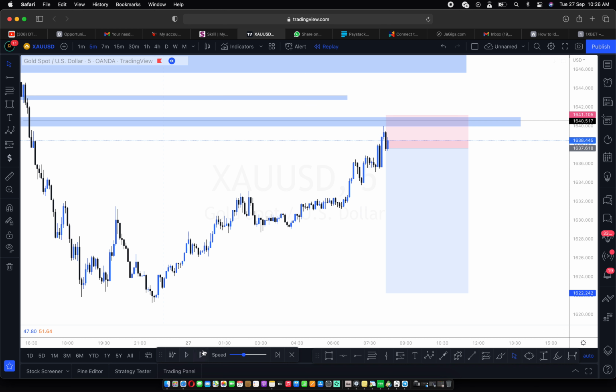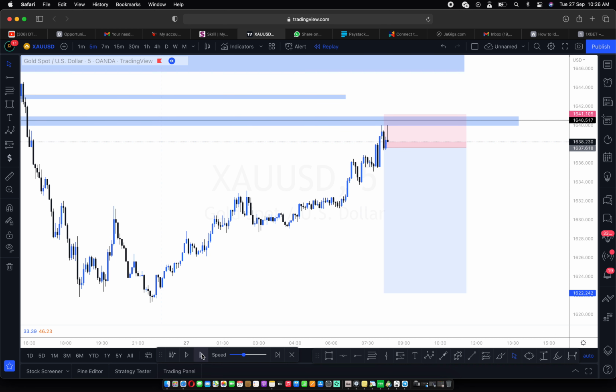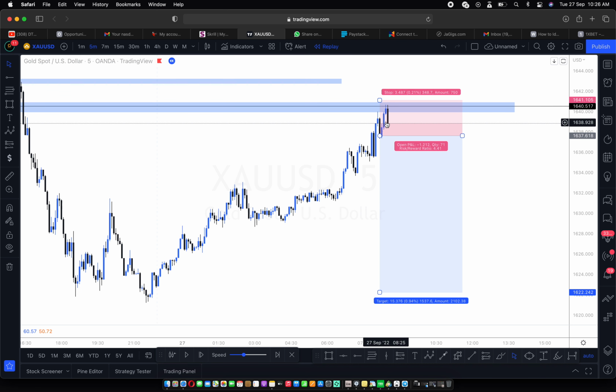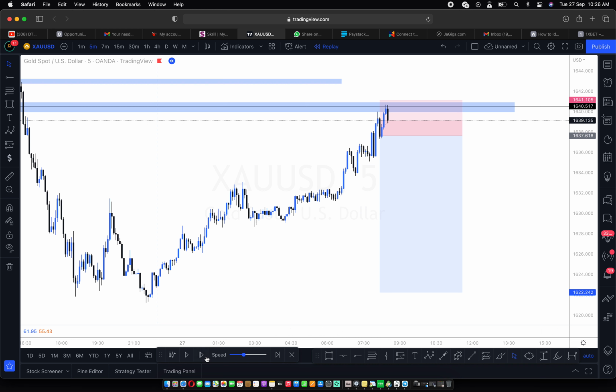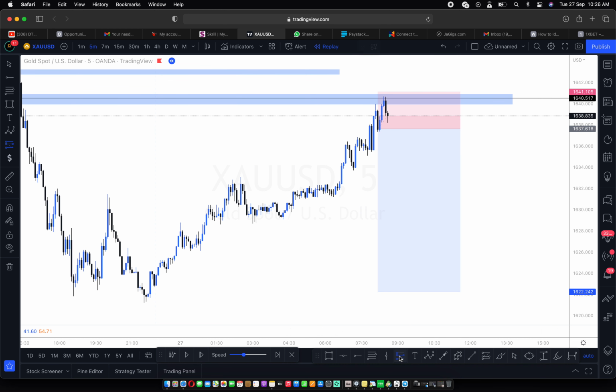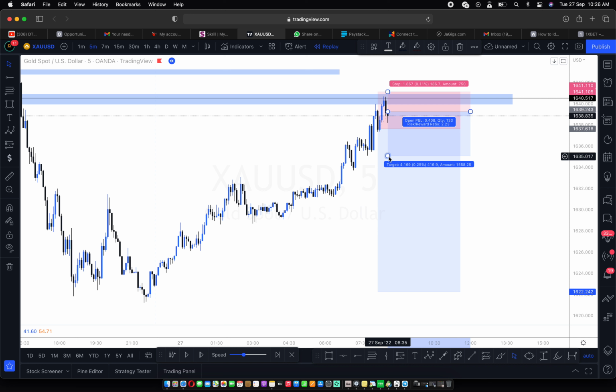All right, let's see what happens. Price kept going up. It went deeper into the zone, gave us another engulfing candle that also closed bearish, very good. We add a second position with the same stop loss at the same region, take profit at the same level. All right.